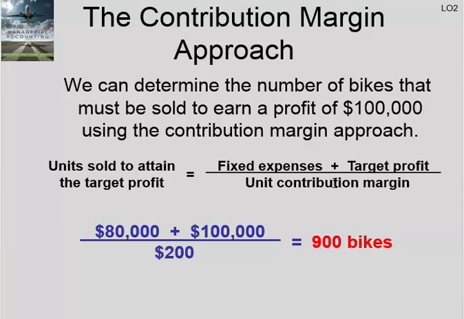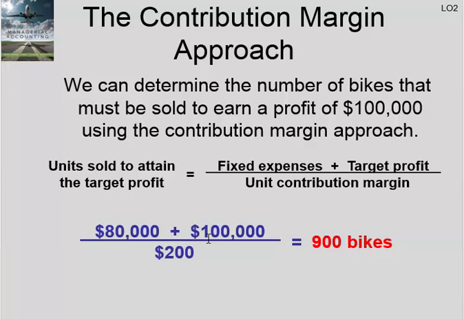Or we can use a contribution margin approach, and that's simply a minor modification. If you think about it, if we pretend that the profit we want is a fixed cost, then we add that profit to the fixed cost and redo the break-even calculation. Then at whatever level of output it tells us, we will have covered not just our normal fixed cost but this additional amount with the contribution margin of everything sold, and that will be the target profit.